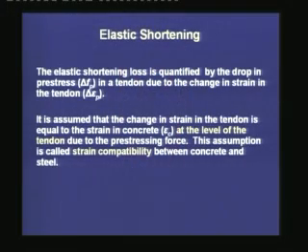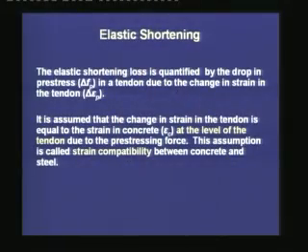Now, how do we calculate the loss in prestress due to elastic shortening? The elastic shortening loss is quantified by the drop in the prestressing force in a tendon due to the change in strain in the tendon. That is obvious from Hooke's law: if we have a change in strain, there will be a change in the stress.